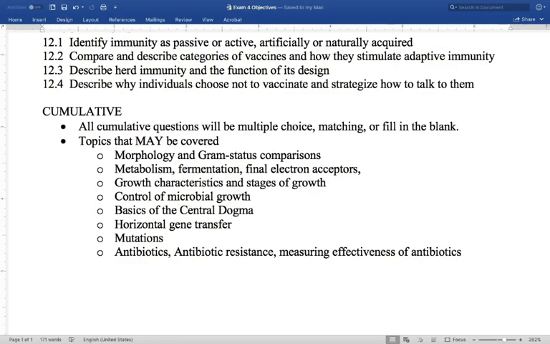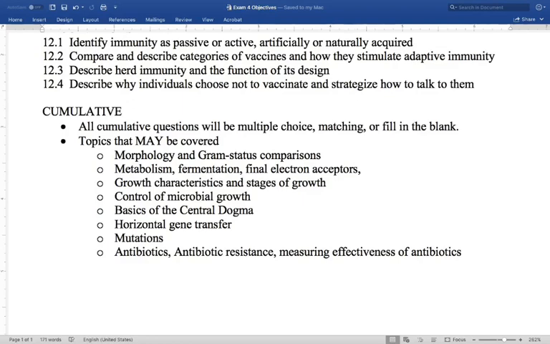I'm not going to ask you to memorize the targets of the antibiotics that we've talked about, but it is fair game for me to ask you, for example, that a fluoroquinolone targets gyrase. Let me take that back, I'll scratch that.